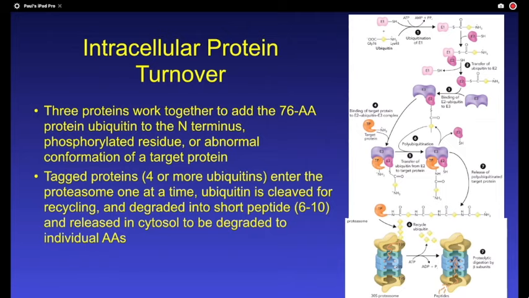And so the target protein there in number 4, whatever is going to be ubiquitinated, binds to this complex, and the ubiquitin is often attached to the N-terminus. And it could attach one and be roaming around for quite a long time before it encounters this complex again, and over time then it will have enough to bring it to the proteasome.